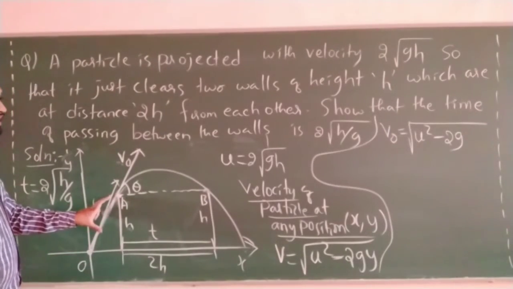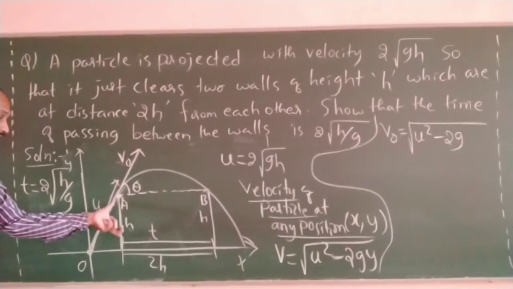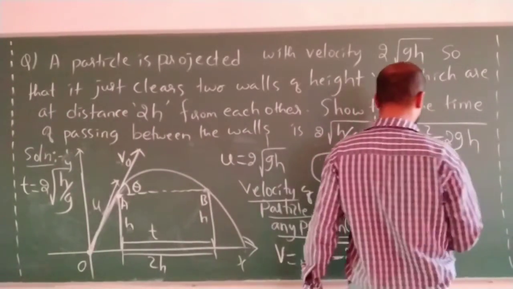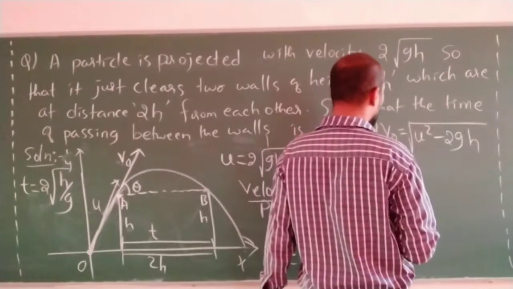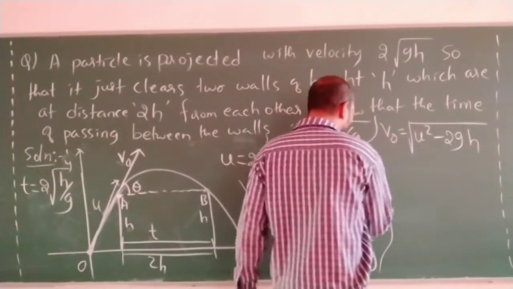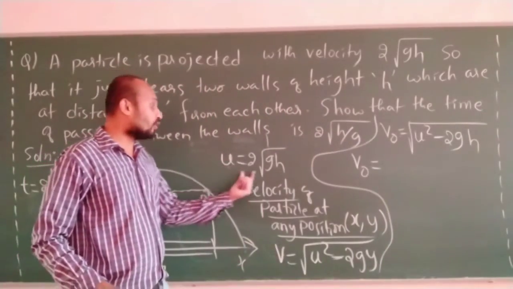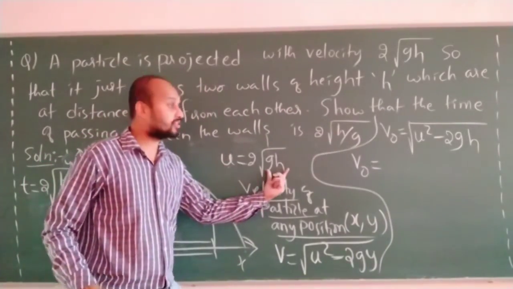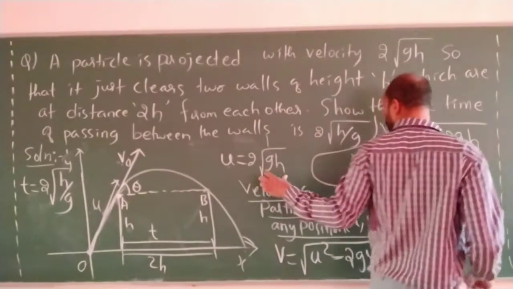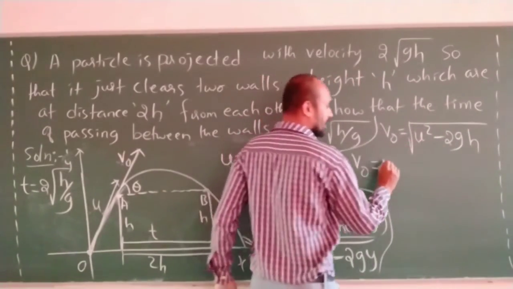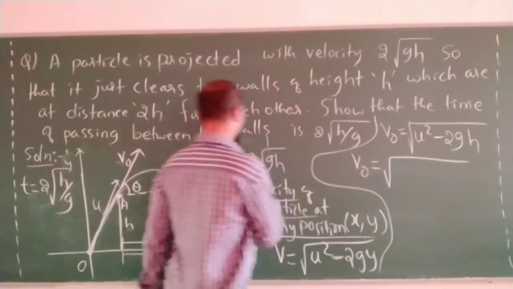What is the y? Y coordinate is h. So this will become h. V0. What is u? U is 2 into root of gh. Substitute. This becomes u is how much?